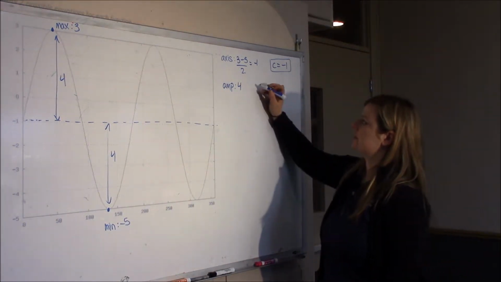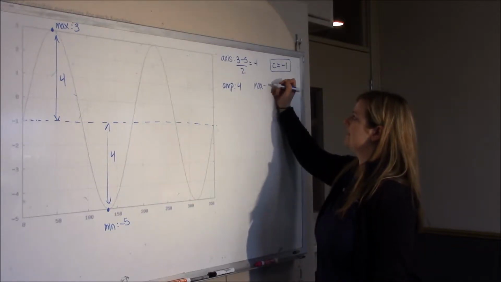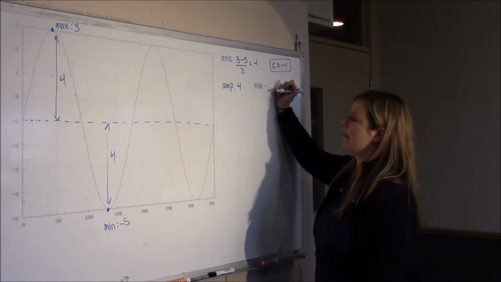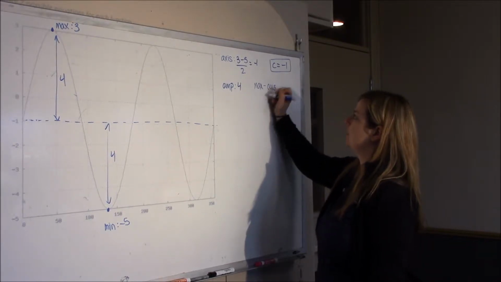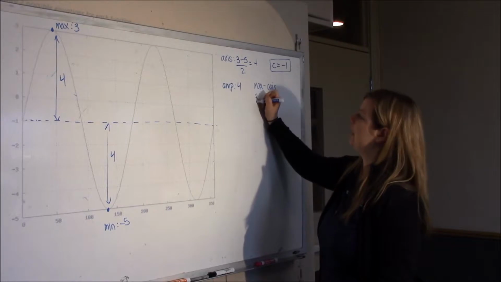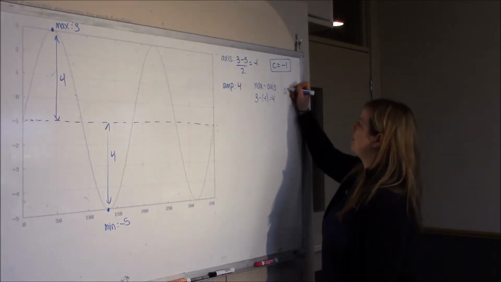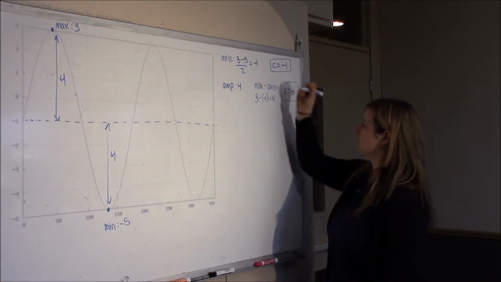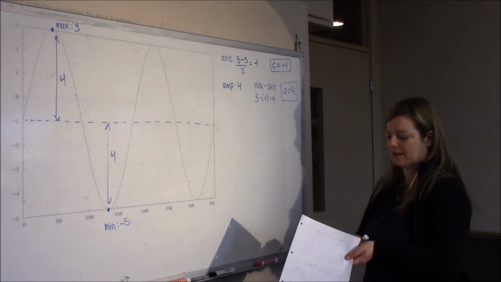You can also just do the max minus the axis to figure that out. So 3 minus -1 is 4. So now our A value is 4, and we already have 2 of the 4 parameters that we need.